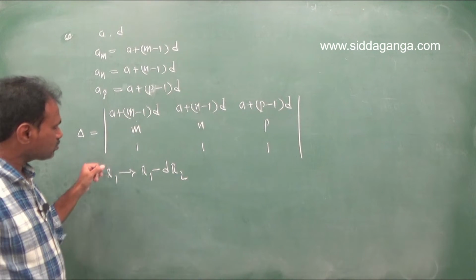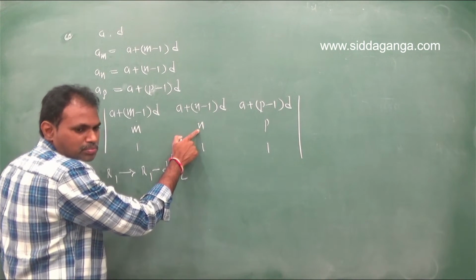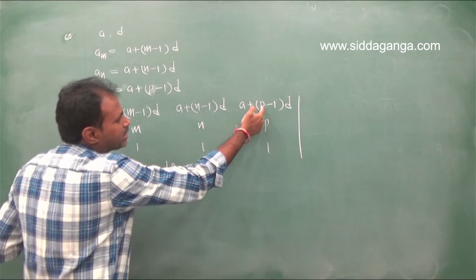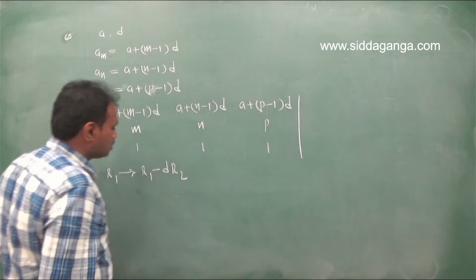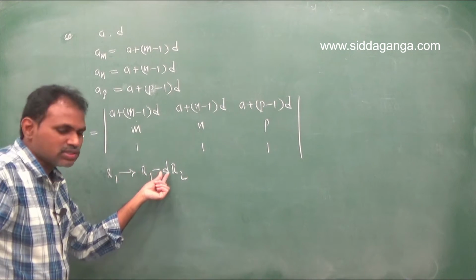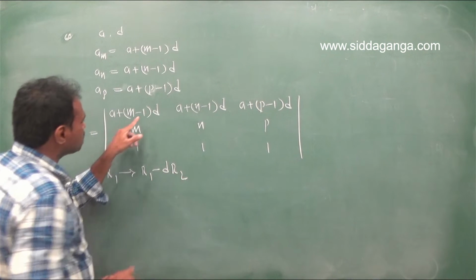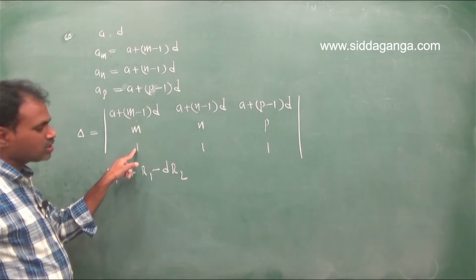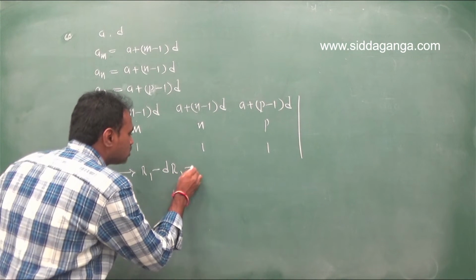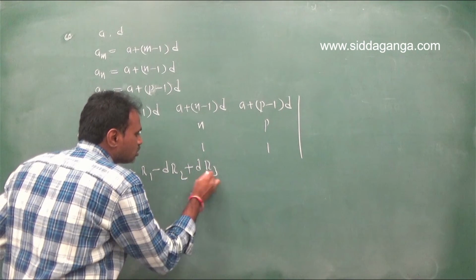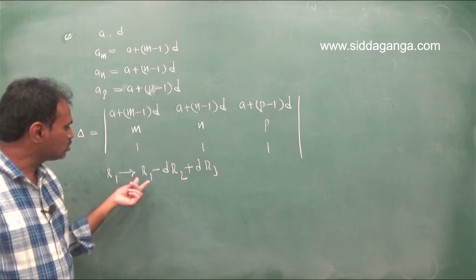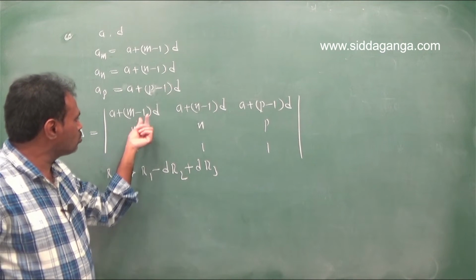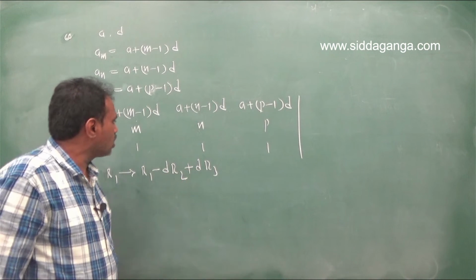Next, ND and minus ND will cancel, and PD minus PD will cancel. And here minus 1 into D, since 1 is there, that's why plus D into R3.